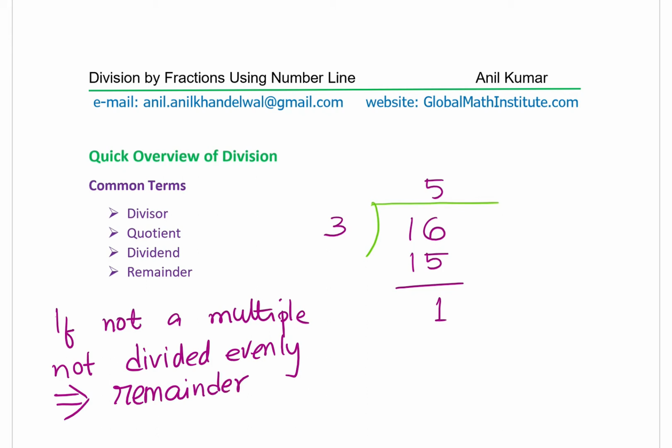Now here, let me define all the related terms. So the number with which you are dividing is called the divisor. So 3 is the divisor. The number which is divided is called dividend. The answer is the quotient. Well, part of the answer is also the remainder.